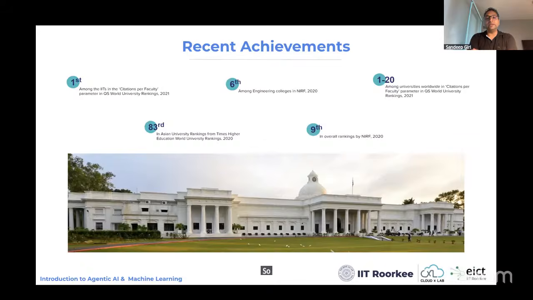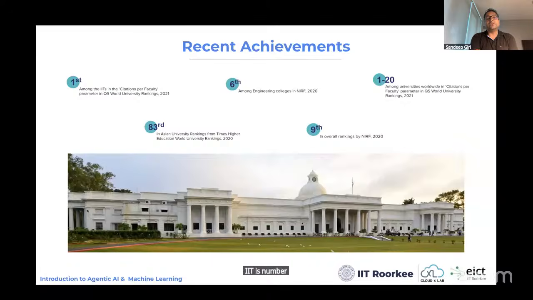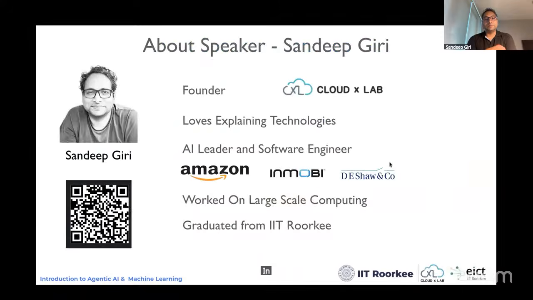So this is IIT Roorkee. IIT Roorkee is the IIT in a place called Roorkee. Amongst the IITs, it is number one when it comes to citations per faculty. It's sixth amongst engineering colleges, and overall it has the ninth NIRF ranking in education.